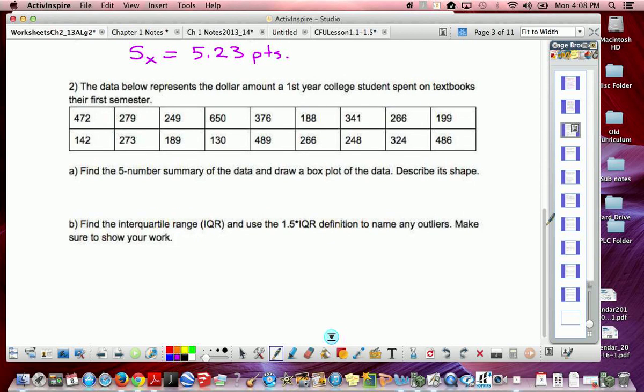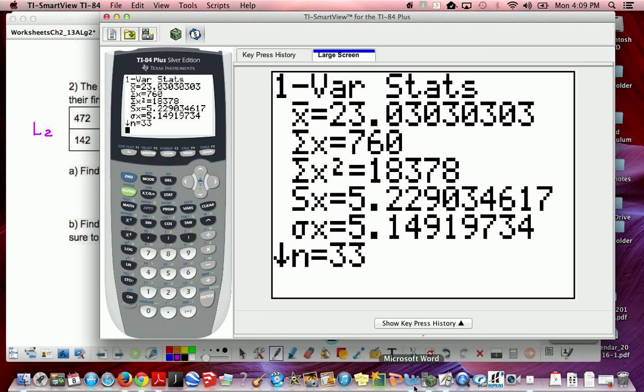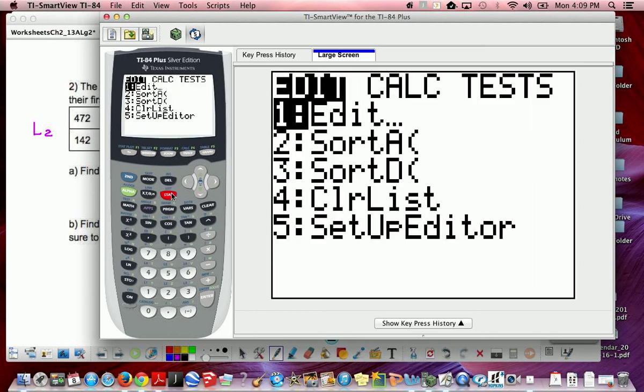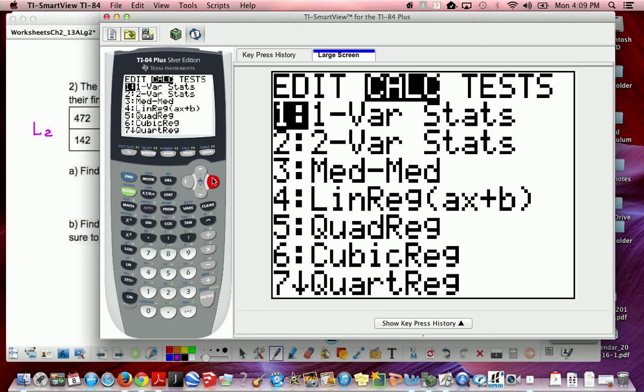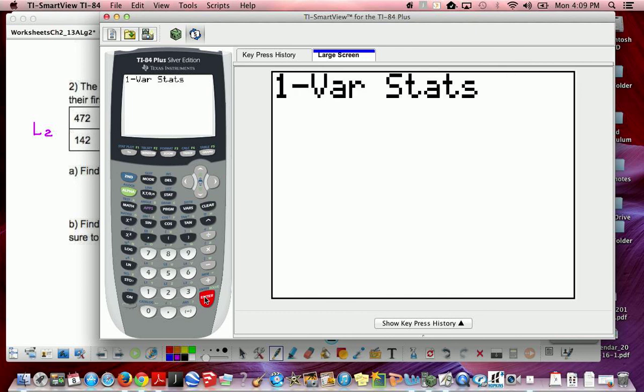Now when you go to number 2, my data I've already entered in list 2. So the process is somewhat of the same here. You're asked to find the 5-number summary of the data, draw a box plot of the data, and describe its shape. So we're going to try to do all of that here. So the first thing I do is I'm going to go to my calculator. I'm going to go Stat, highlight, right arrow, Calculate, 1 variable statistics. Now, my data is in list 2, so I have to enter L2 after it.